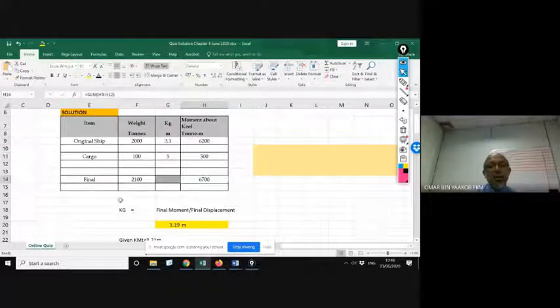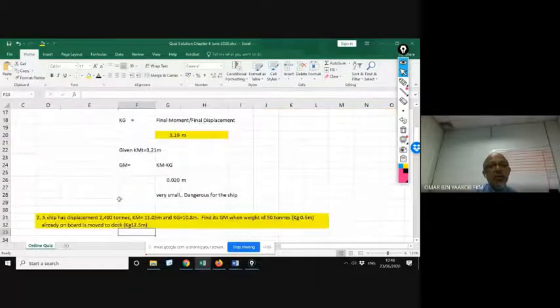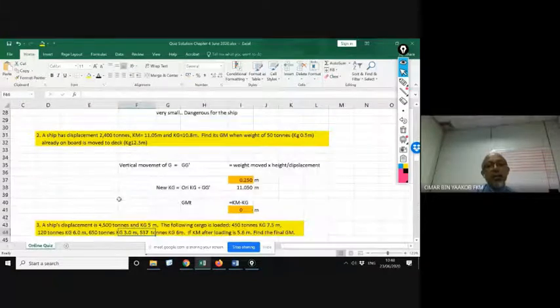So very simple. Okay, and then the next one: a ship displacement 2,400 tons, KG 11.05, KM 11.05, KG 10.8. Find GM when weight already on board is moved to deck.